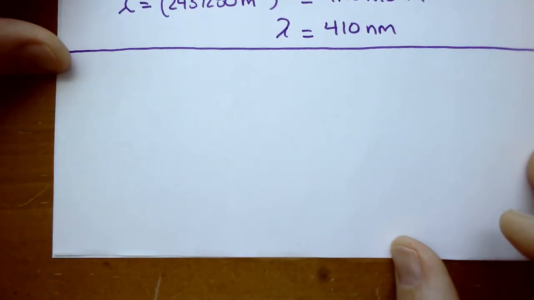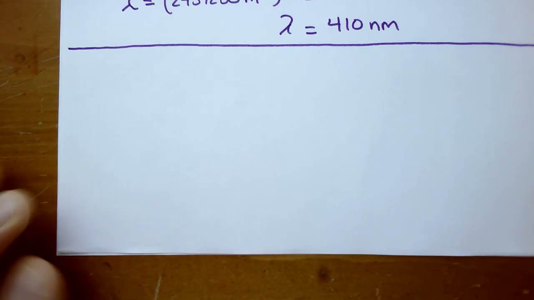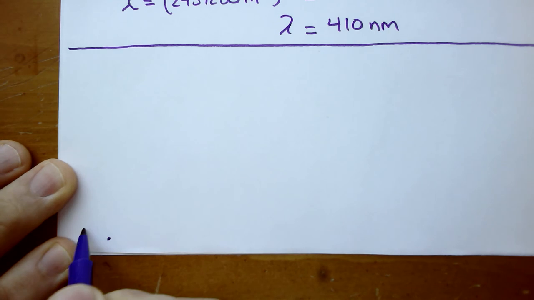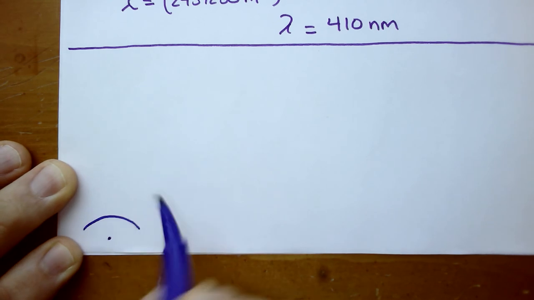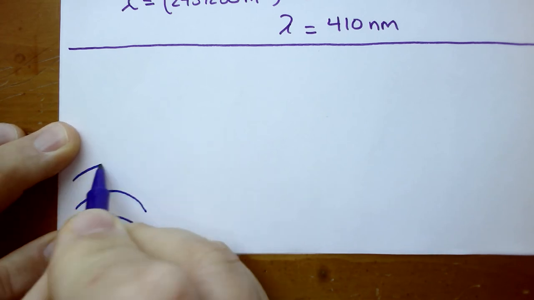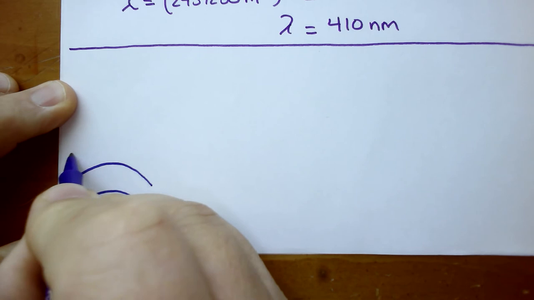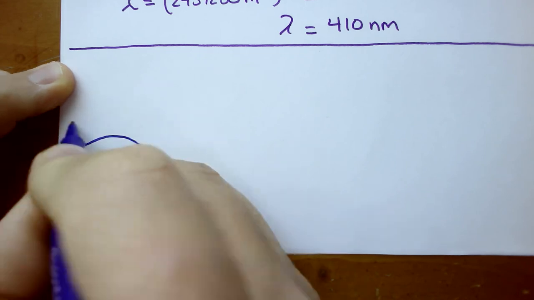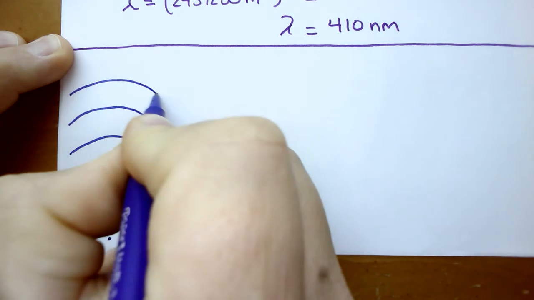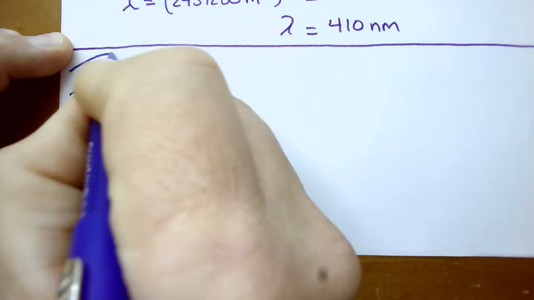Okay, so let's look at what's going on here. Here's my nucleus, and I have an energy level 1, an energy level 2, an energy level 3, 4, 5, 6, and 7.